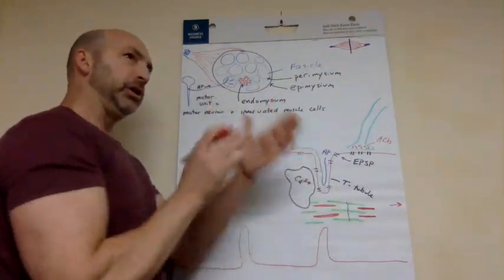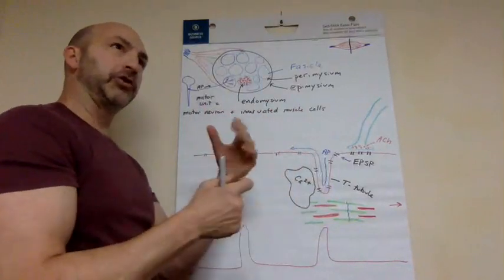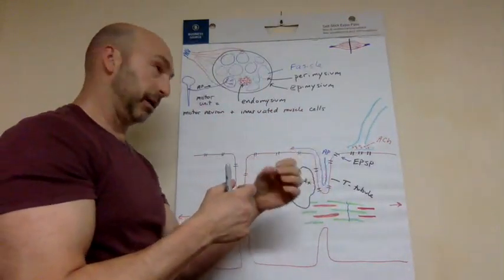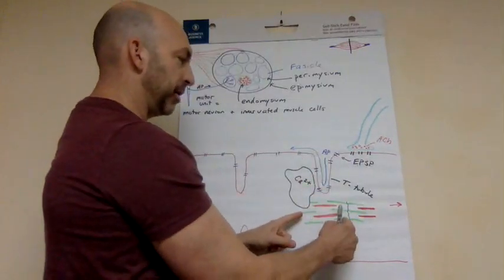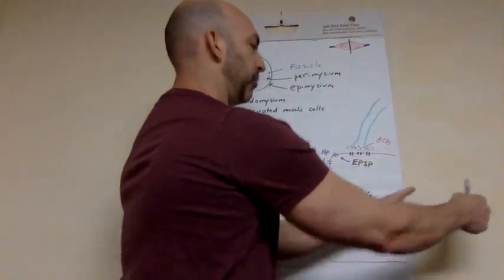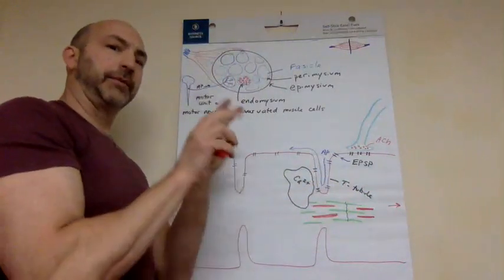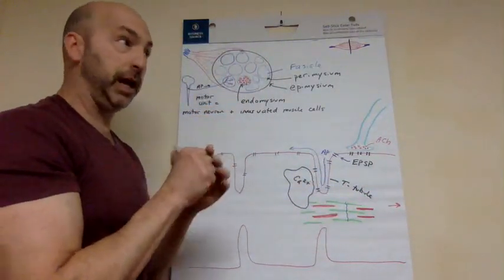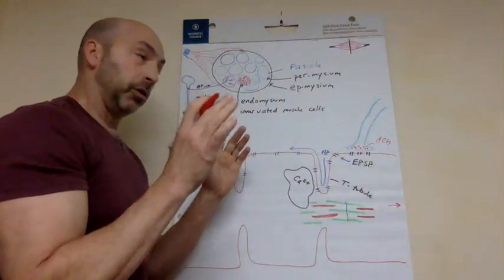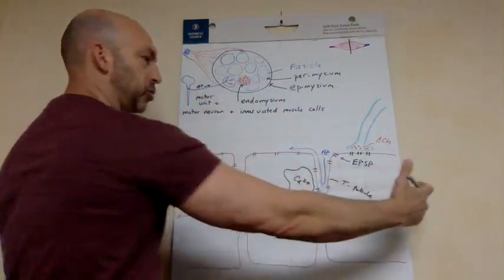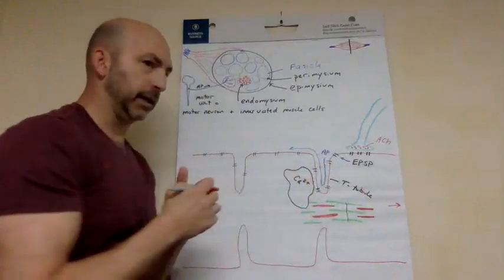And the repeating unit within a myofibril, like the cars in a train, are the sarcomeres, sarcomere, sarcomere, sarcomere, one after another along the length of this myofibril train, if you will. And they all will contract and pull on one another to shorten the muscle as a whole. And we'll see that again later.